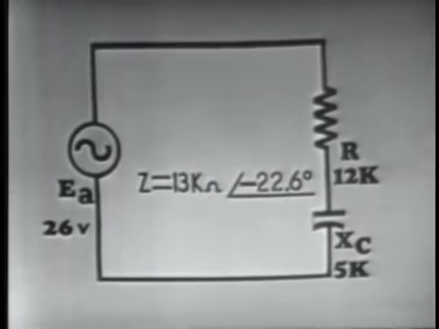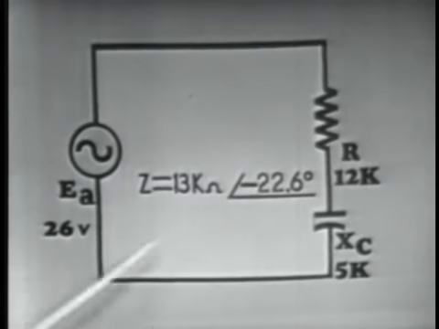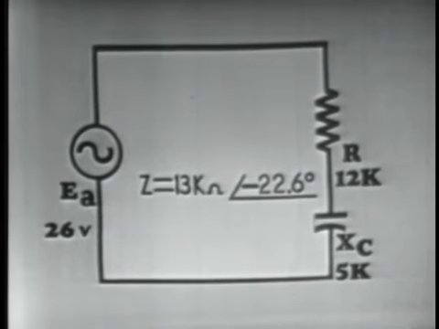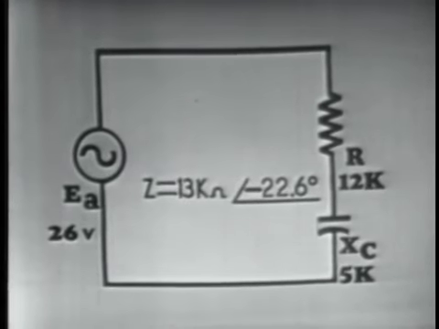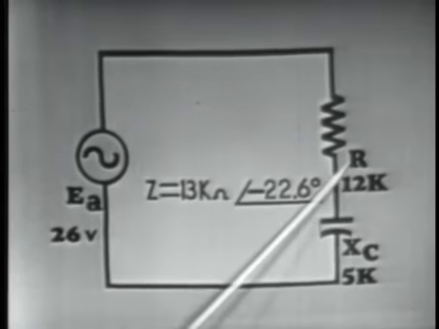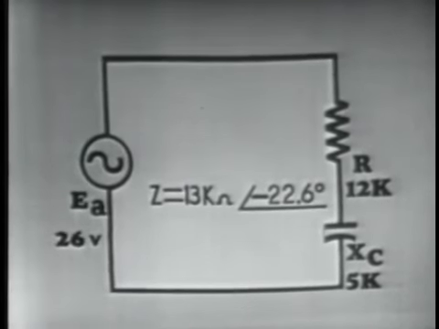Thus far we have determined the impedance, current of the circuit, voltage drop across the individual components. What about the power in the circuit? Well, we have two powers: the power dissipated by a resistor R and the power delivered to the circuit by the generator.